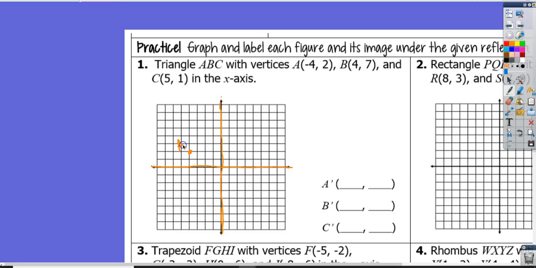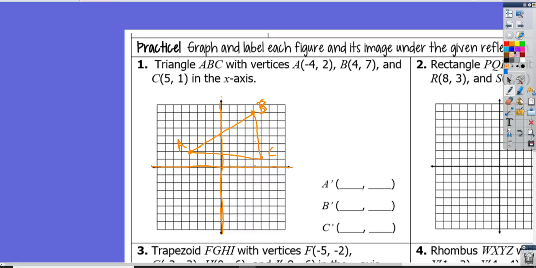That's A. Then 4, 7: 1, 2, 3, 4, then 1, 2, 3, 4, 5, 6, 7. That's B. And then C is going to be 5, 1. So 1, 2, 3, 4, 5, 1. That's C. Connect those. Okay, so that's my pre-image.